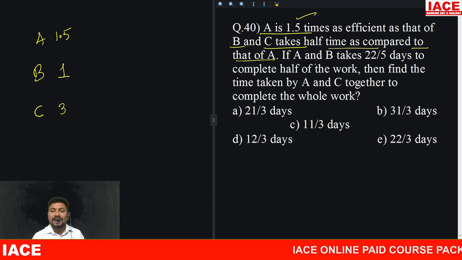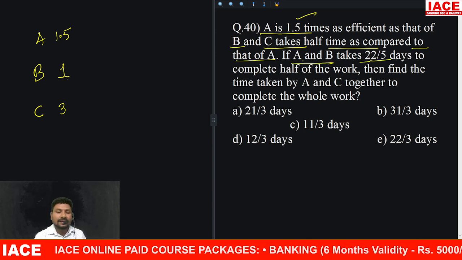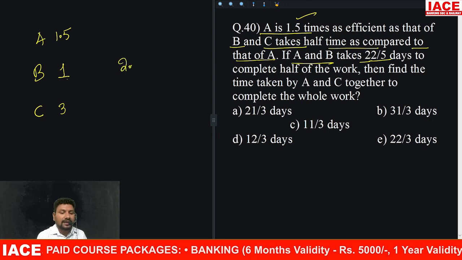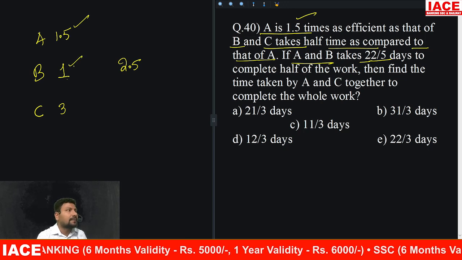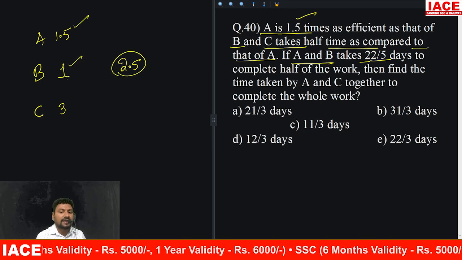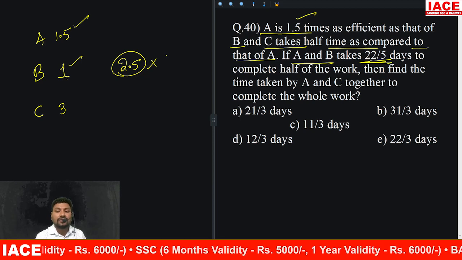A and B took 2 by 5 days. How many days? 2 by 5 days, A and B. A and B both will complete 2.5 units per day. A completes 1.5 units, B completes 1 unit. And they worked for how many days? 2 by 5 days.